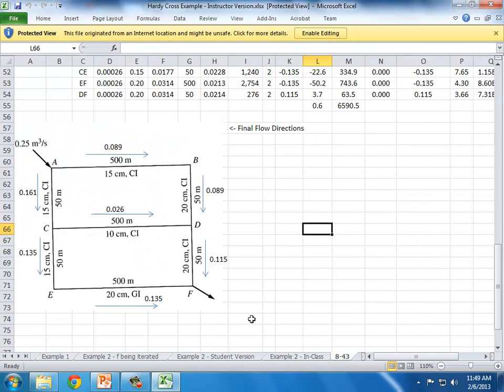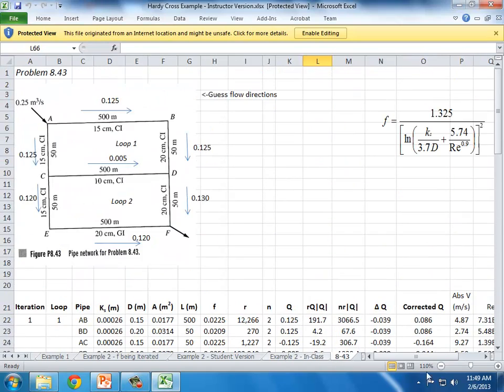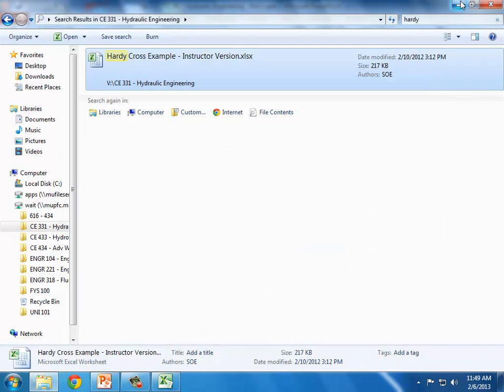I don't have it on here. I'll just write it on the board, do it the old-fashioned way. It is delta Q is the negative of the sum of R Q, absolute value of Q, divided by the sum of n R, absolute value of Q.